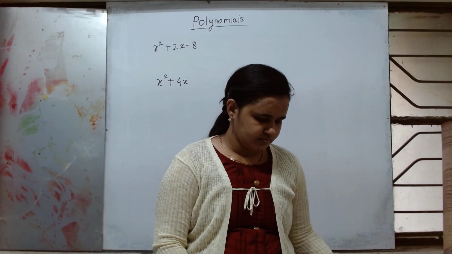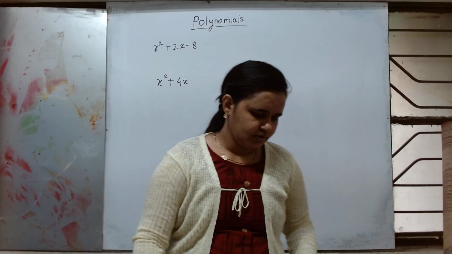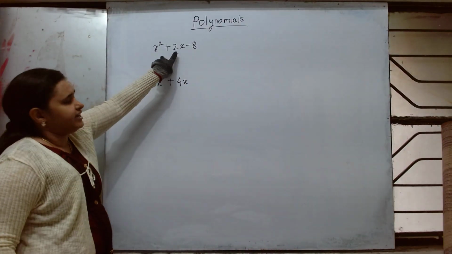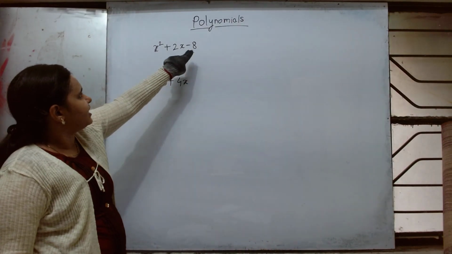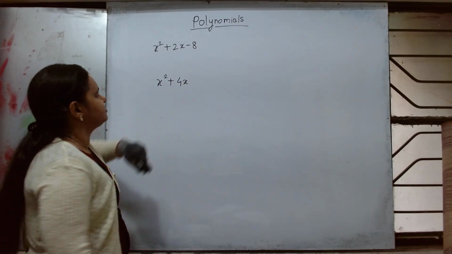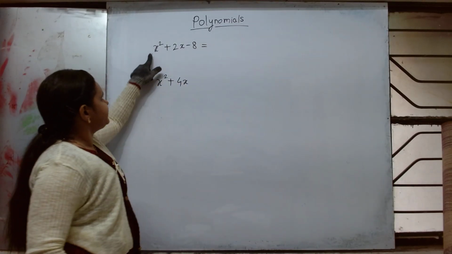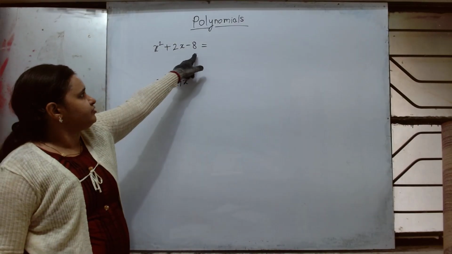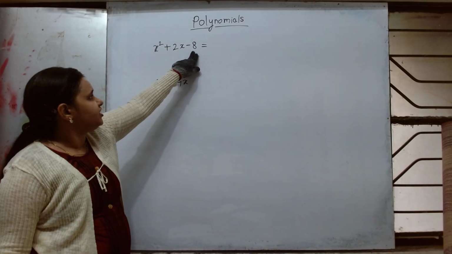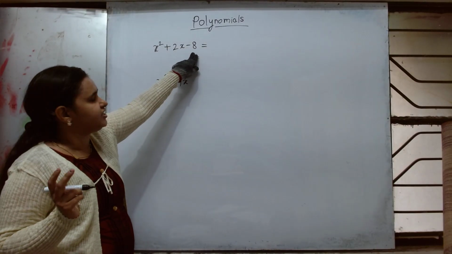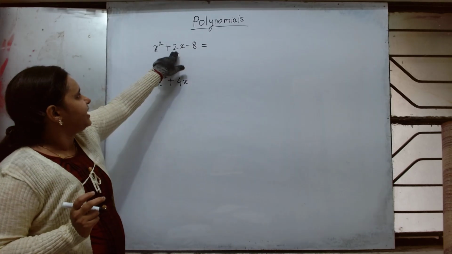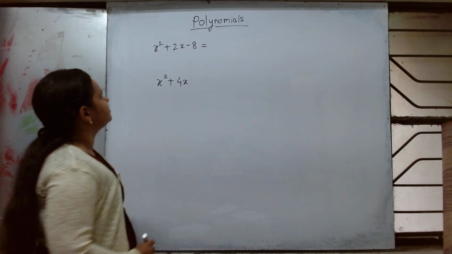So we will again draw the factors from this. Again here it is 1 only. So we have to calculate the factors for 8. They are two numbers whose multiplication should be minus 8 and whose sum should be plus 2.